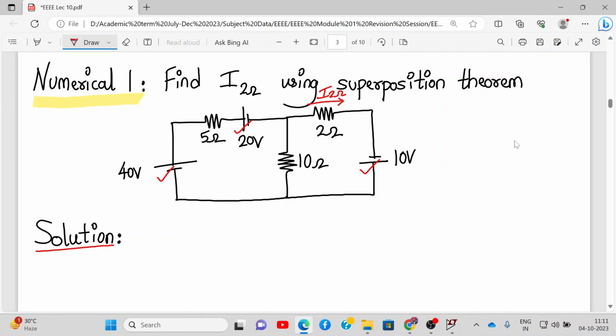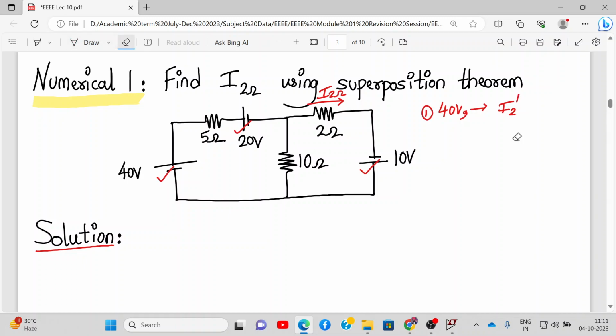So what we do is first consider the 40 volt voltage source alone. When we consider the 40 volt voltage source, the other voltage sources are replaced with a short circuit. Due to the 40 volt source, let's say the current flowing through 2 ohm is called I2 dash.